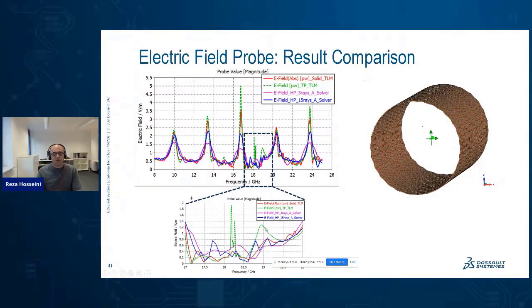The green curve is a bit off from the others, so it does not follow. If you look at the green curve, it's the SIM panel, the SIM panel in TLM, which is the stack up way, the symmetric definition, and the point is that it cannot see the angular dependency.